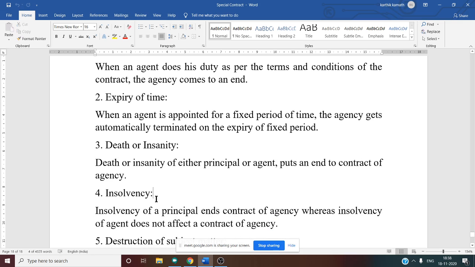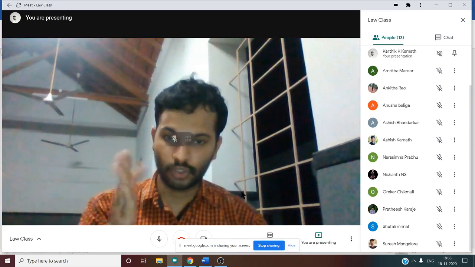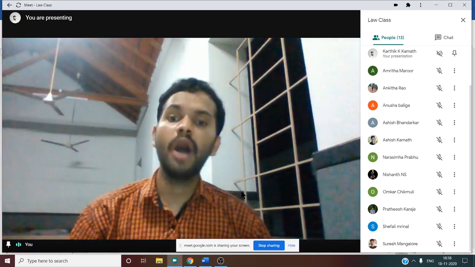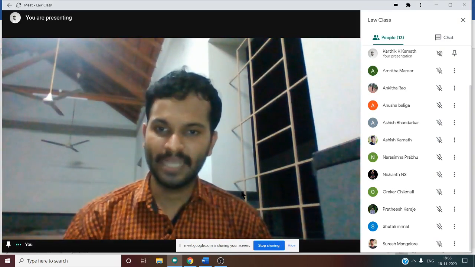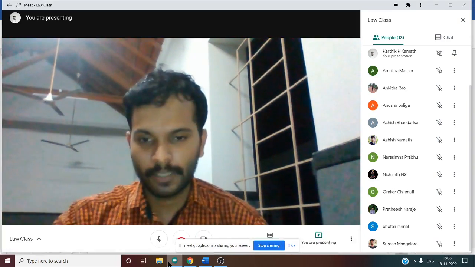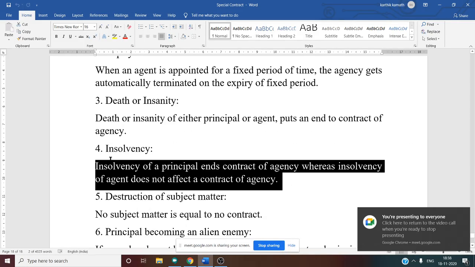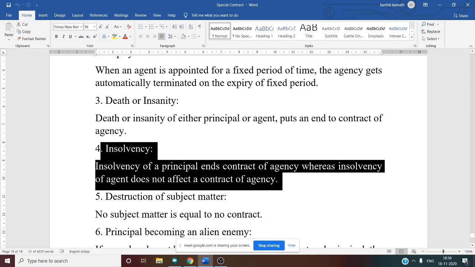Fourth, in the case of insolvency, insolvency means the ability to pay is questioned. Either the principal's ability to pay is questioned or the agent's ability to pay is questioned. In that case, the contract of agency comes to an end. See this, insolvency of the principal ends a contract of agency, whereas insolvency of the agent does not affect the contract of agency.